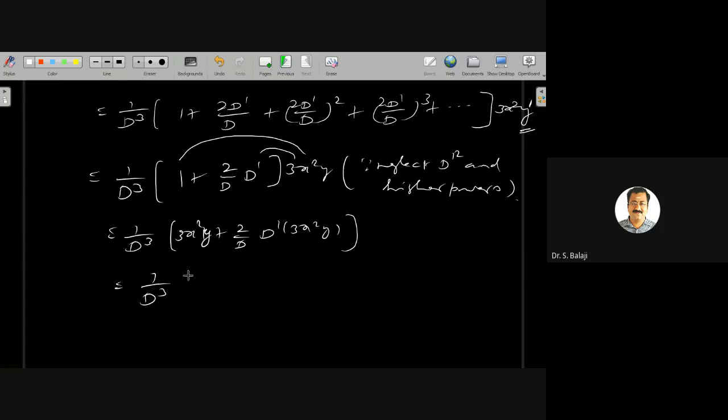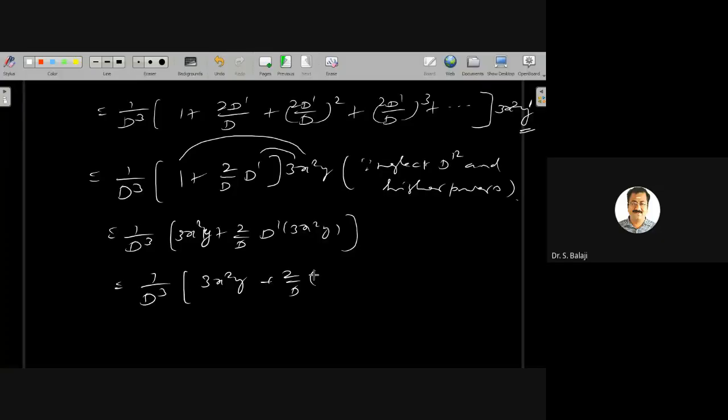Then 1 by d cube of 3x square y plus 2 by d of d dash of 3x square y. D dash means dou by dou y of 3x square y, and dou by dou y gives you 3x square only.